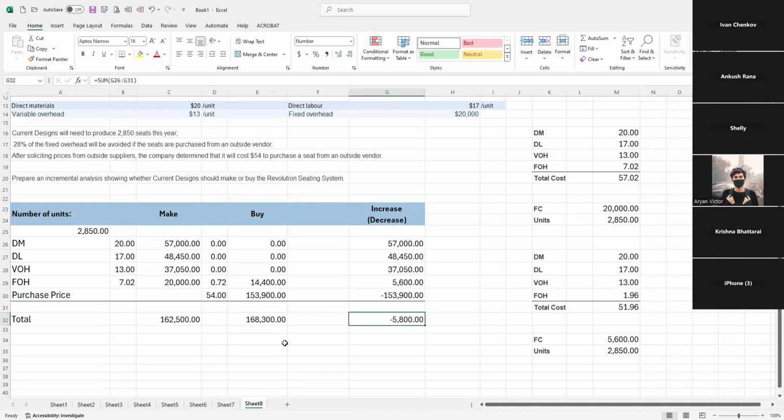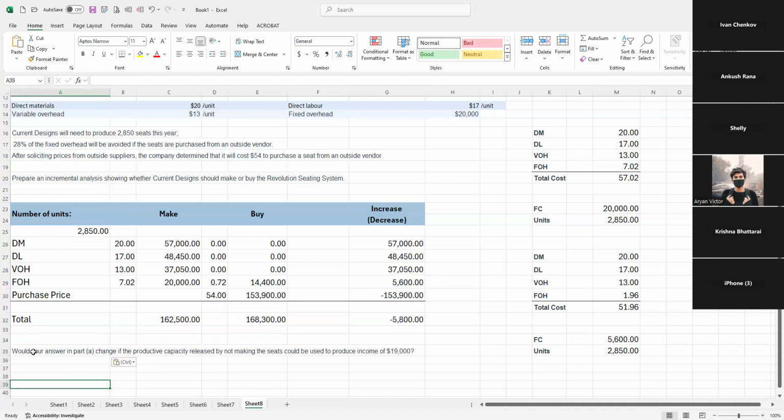Mhm. So within this scenario, we're losing money, clearly. So we are making it by ourselves. Right? So now the question is, can we use this capacity? If we use the capacity, which is the next part of the question, the answer changes to positive: productive capacity released by not making seeds could be used to produce income of $19,000.